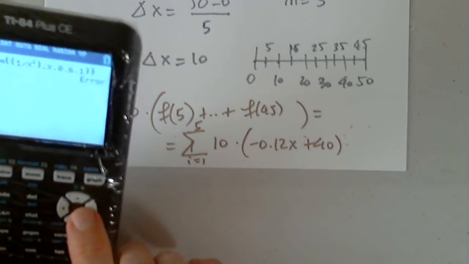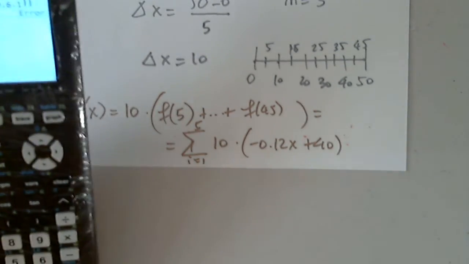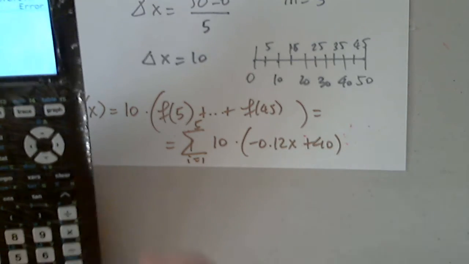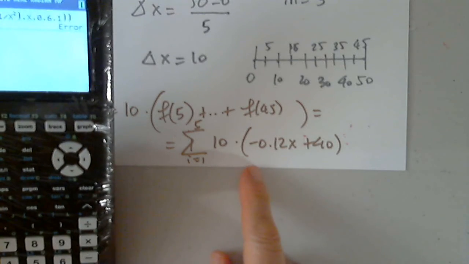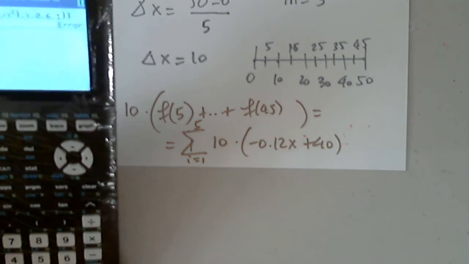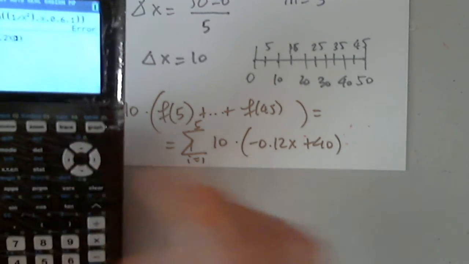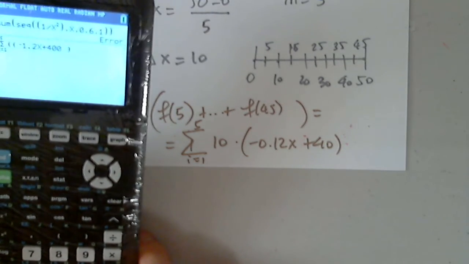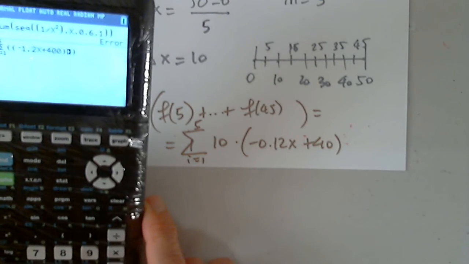And now careful how you put it in, because this time maybe I should distribute. So I want negative 1.2x plus 400, and close the parenthesis.